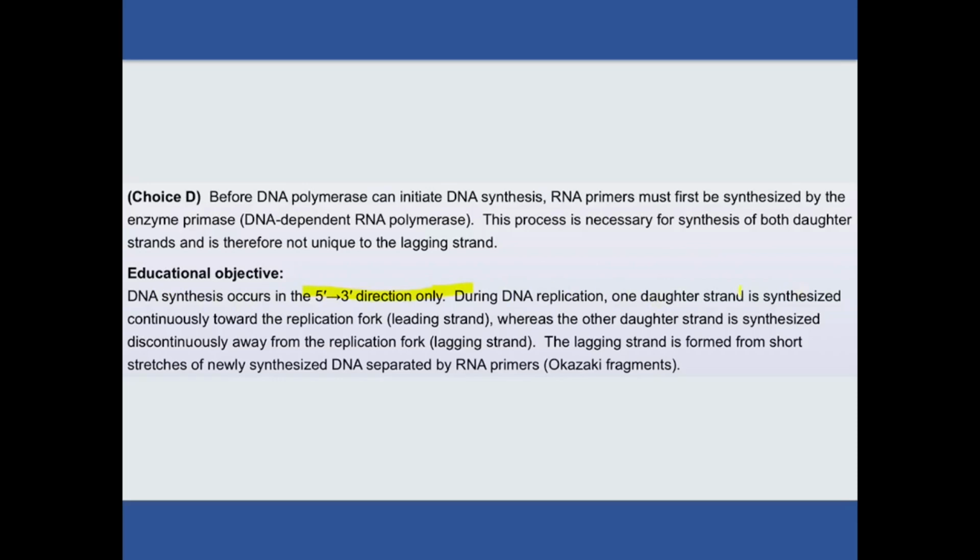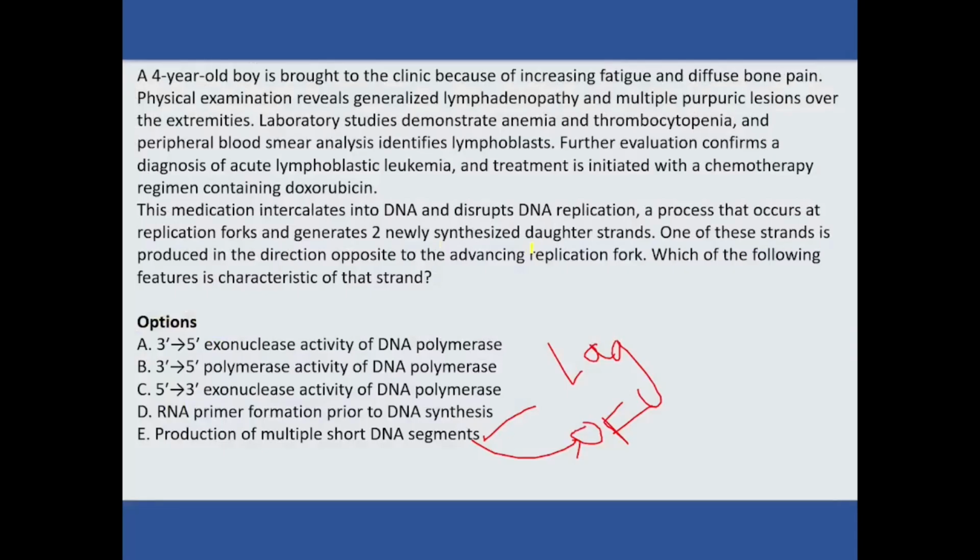During DNA replication, one daughter strand is synthesized continuously towards the replication fork, whereas the other daughter strand is synthesized discontinuously away from the replication fork. The lagging strand is formed from short stretches of newly synthesized DNA separated by RNA primers, known as the Okazaki fragments. So this was it. This was a short concept to know what this question is asking.